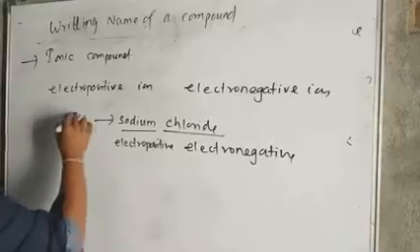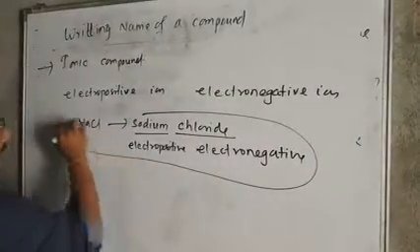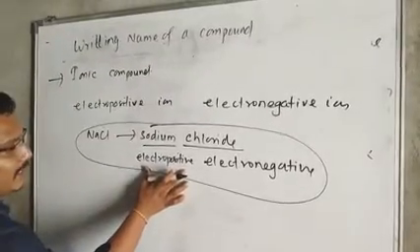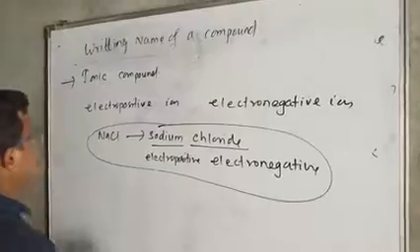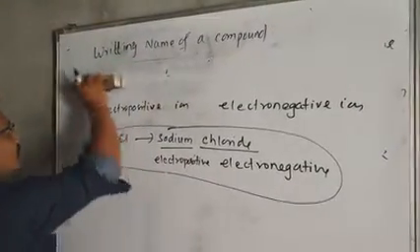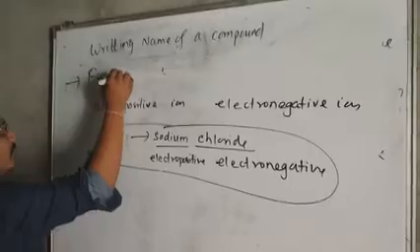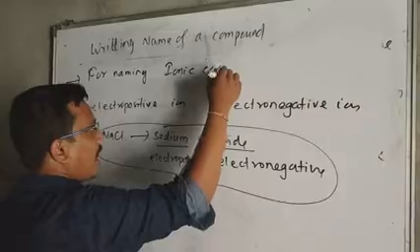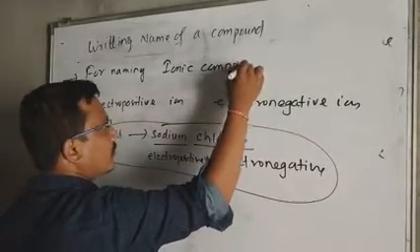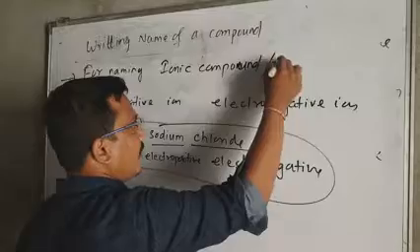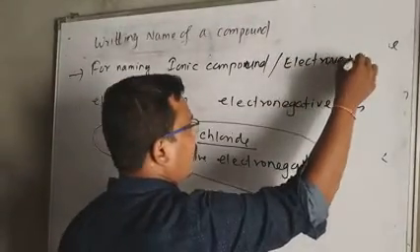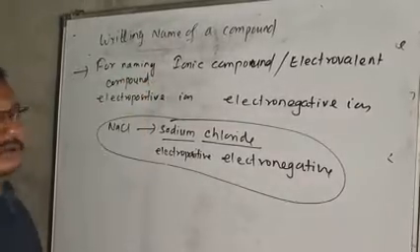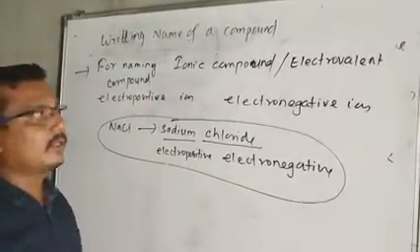From the example it is clear that in the naming of an ionic compound, the electropositive part is written first, then the electronegative part. An ionic compound is otherwise known as an electrovalent compound, because an ionic bond is also called an electrovalent bond.